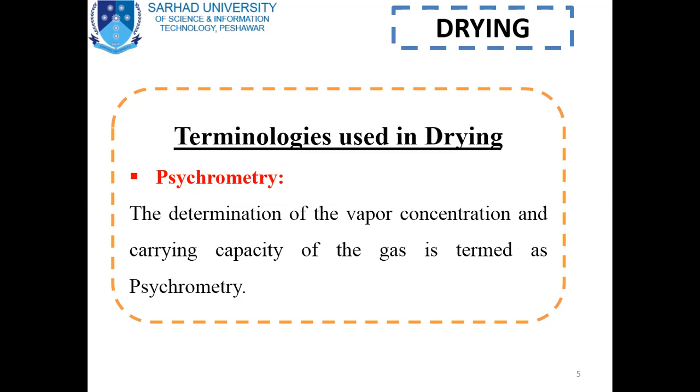That is the definition of hygrometry: the vapor concentration is determined, as well as the vapor carrying capacity of the gas, and that is termed as hygrometer.